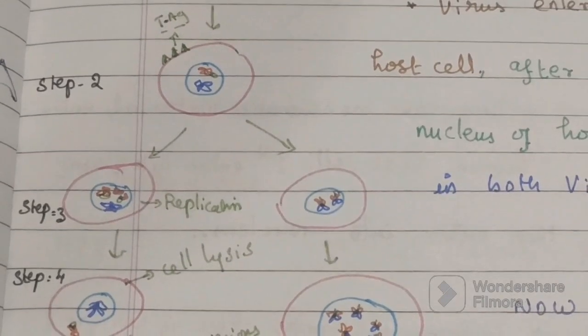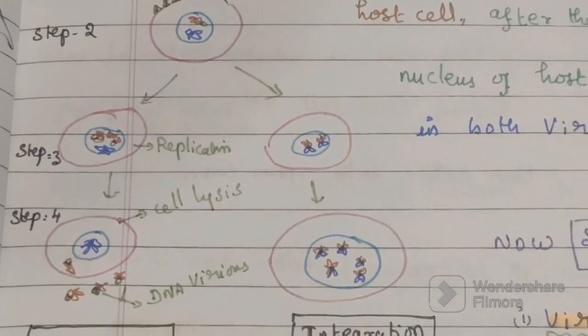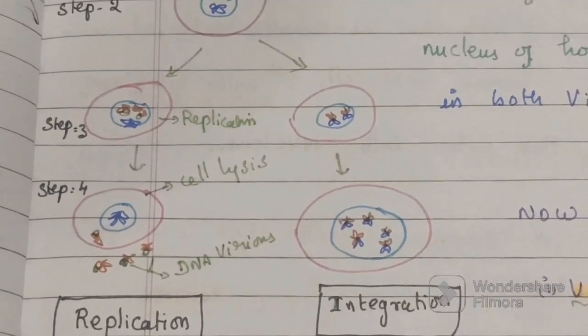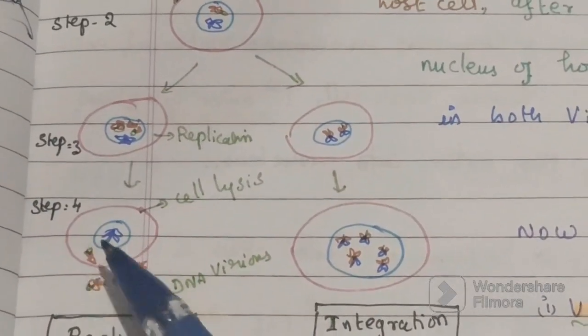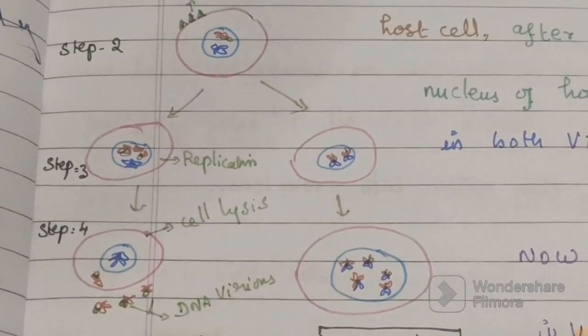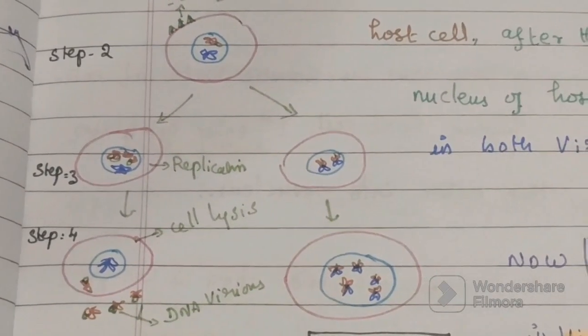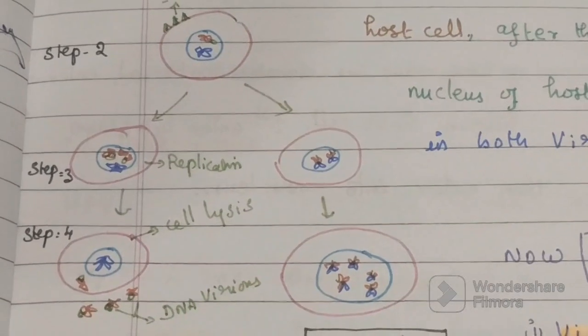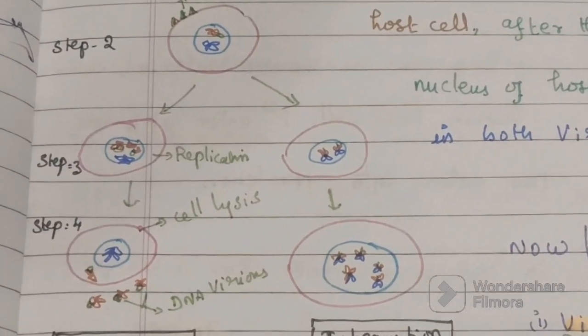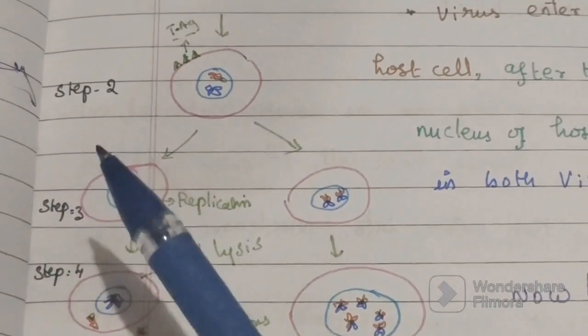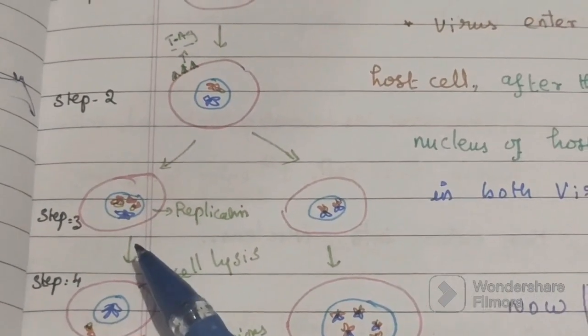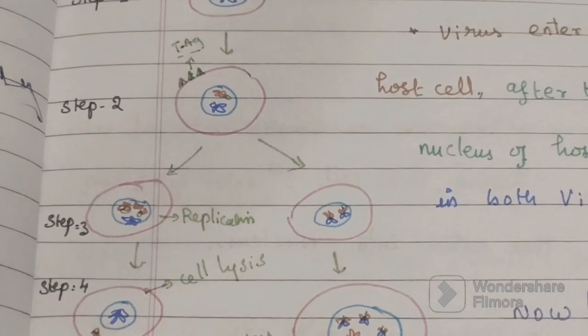So what will happen next? After replication, the host cell bursts, the host cell dies, and multiple viral progeny come out. This phenomenon is known as replication. Death will occur. So here is replication using material from the host cell.